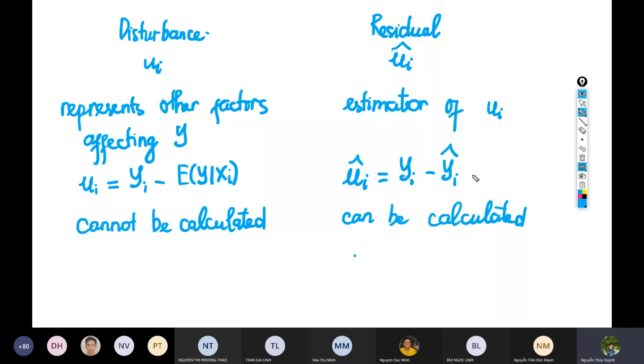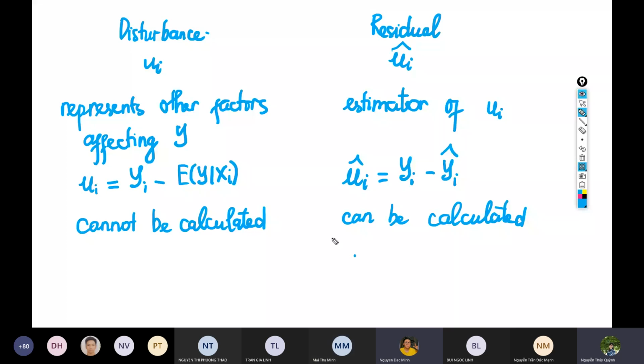Just plug in the value of x into the sample regression model, then we will get the fitted value of y, and we take the observed value of y minus the fitted value of y. Then we will get the exact value of the residual u i hat. All right. So those are the differences between the disturbance u i and the residual.